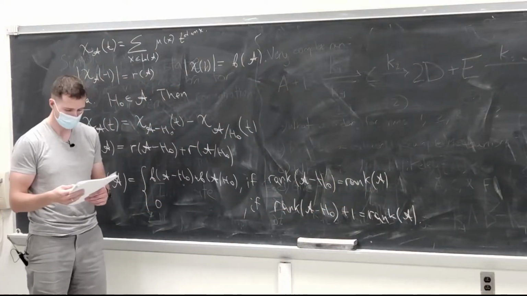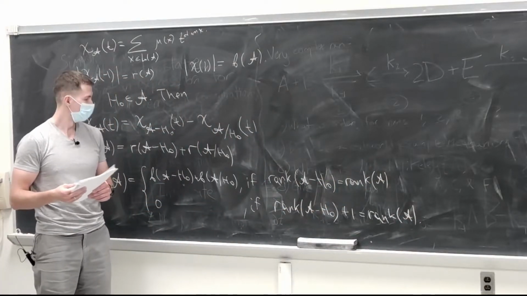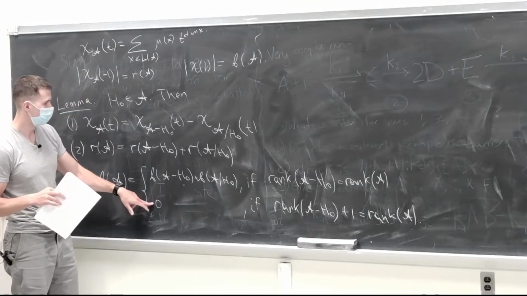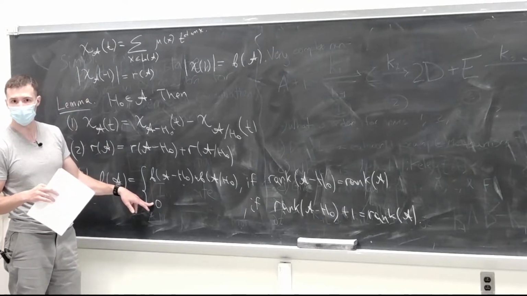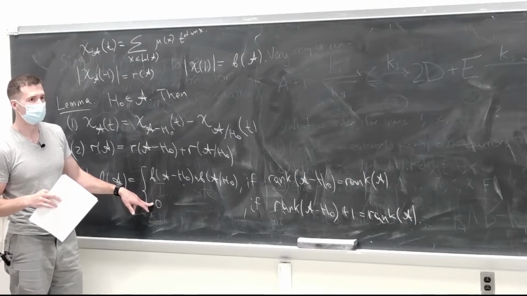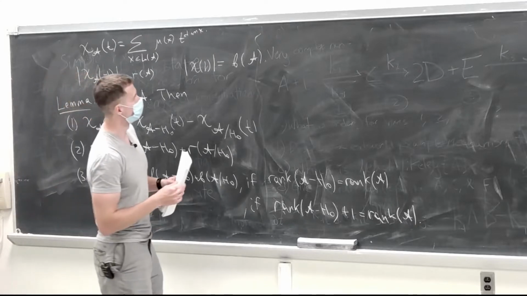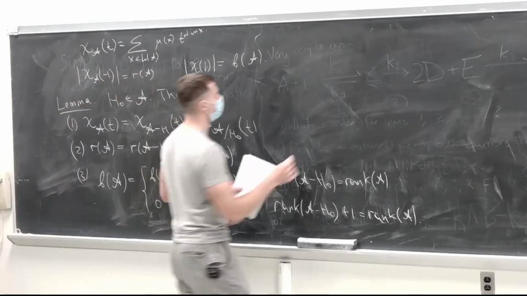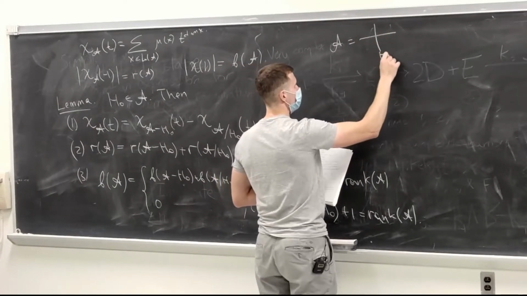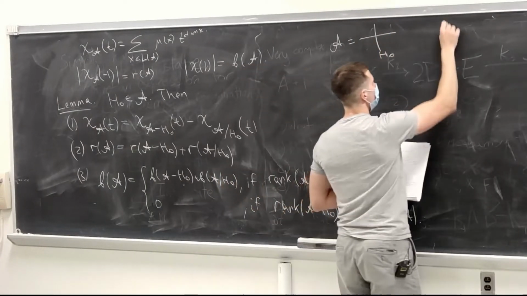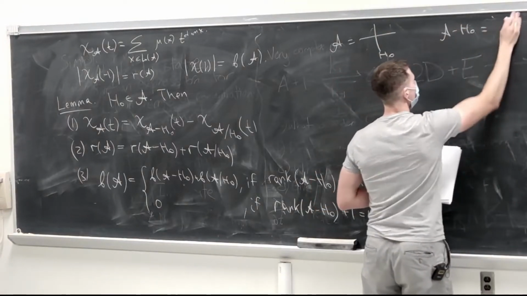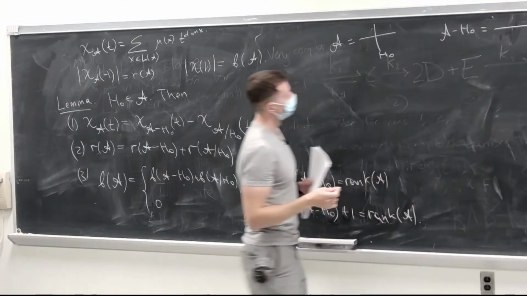Okay, can somebody give me an example of when the second case happens? Coordinate arrangement. Okay, interesting. So you're saying if A is this, and one of the hyperplanes is H0, then A minus H0 is this.